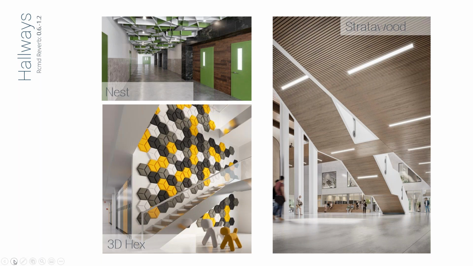Let's talk about hallways. Hallways do get overlooked, because you think, oh, you're just gonna walk through there, no big deal. Well, here's the thing about hallways. If your hallways are echoey, you will make all the offices or classes that are adjacent to it loud as well. As we talk about this whole waves and reverb and everything else, we're essentially talking about energy, right?